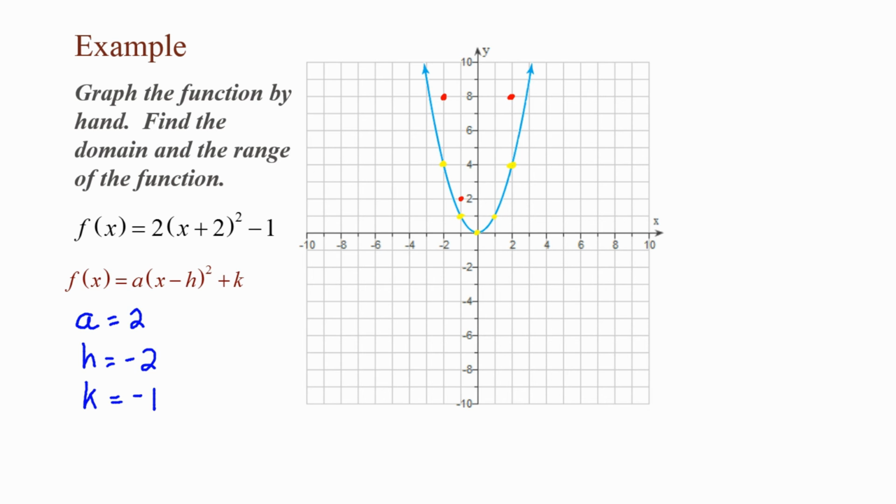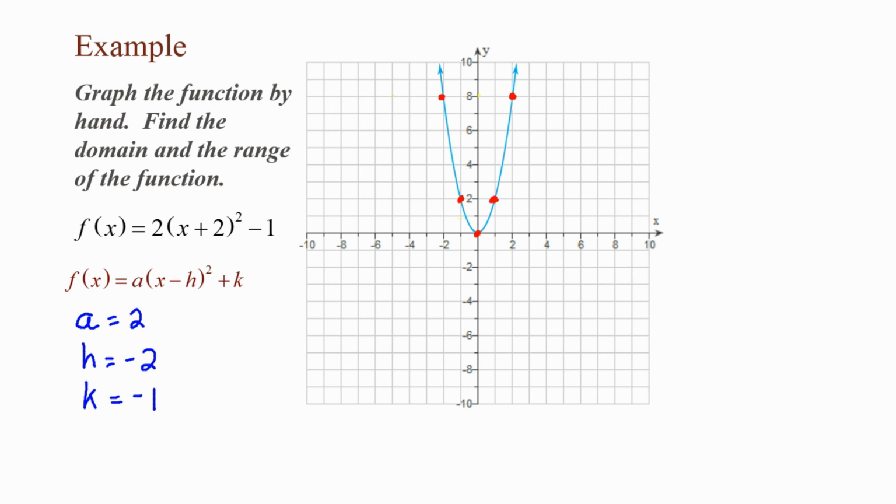-1, 1 would become -1, 2, which means I would have 1, 2 since it's symmetric, and 0, 0 would remain the same. And now I can graph my new parabola. Now that I have this parabola, I want to move my parabola 2 to the left, since h is -2.